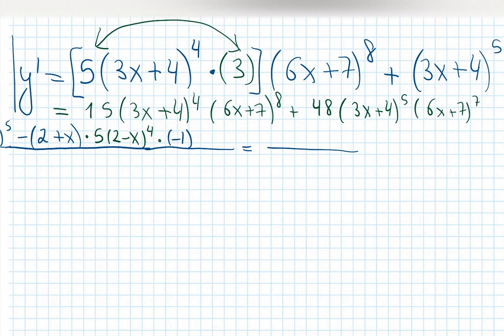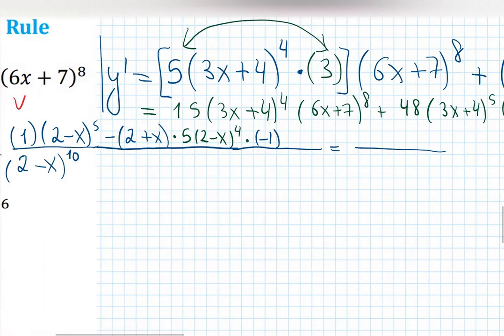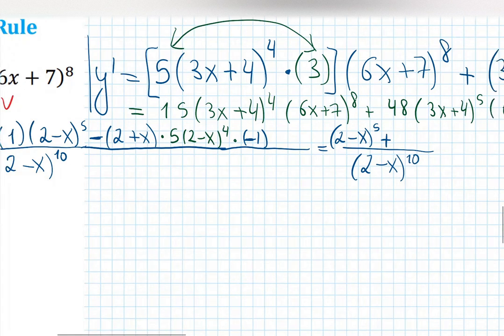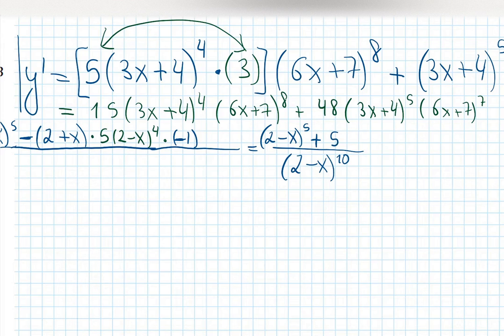It's going to be 2 minus x to the 10th power. The numerator will be 2 minus x to the 5th power, minus times minus becomes plus 5. Let's put 5 at the front. 2 plus x times 2 minus x to the 4.